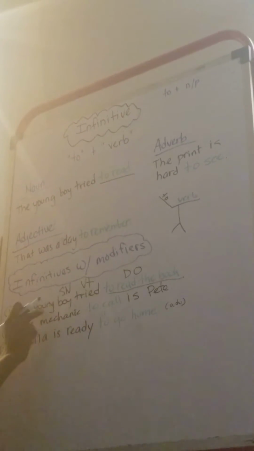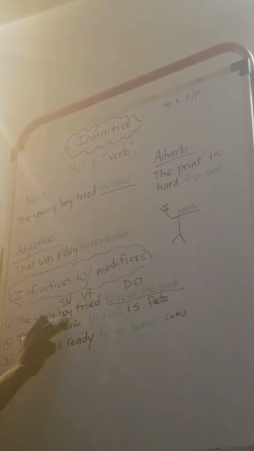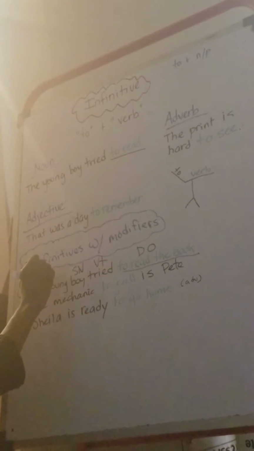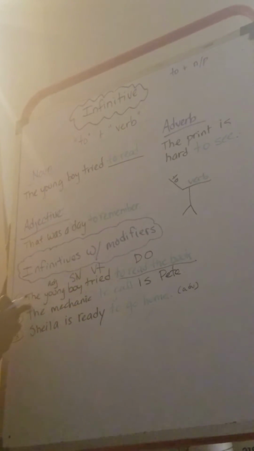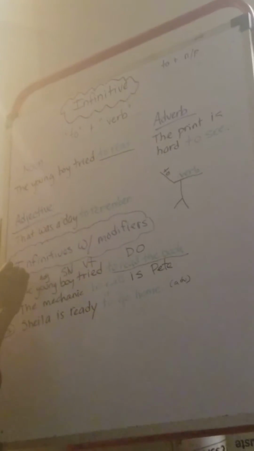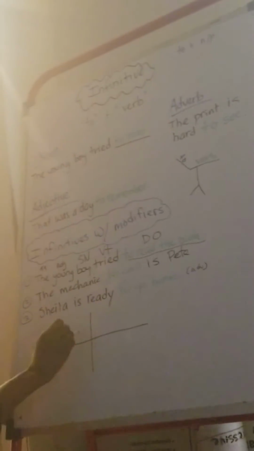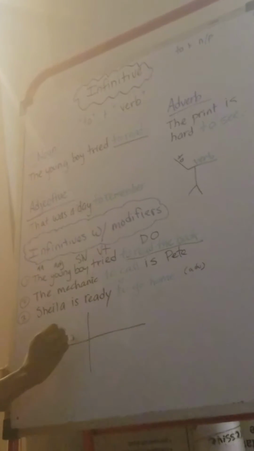Young modifies boy. It answers the question, which boy? Young boy. That's our adjective. Here's our adjective article, the. So now let's see how to diagram that. So our subject goes here, boy.